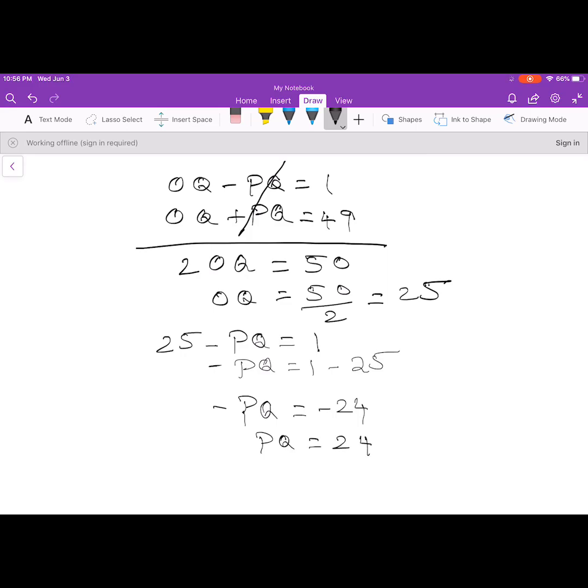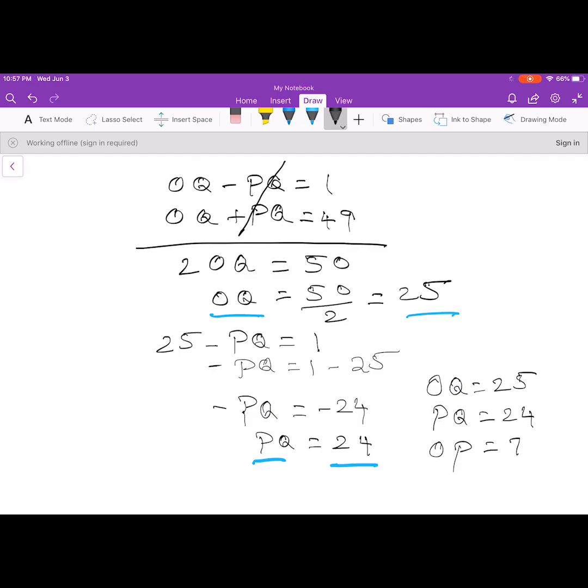Now I got OQ as 25, PQ as 24, and OP is already given as 7.